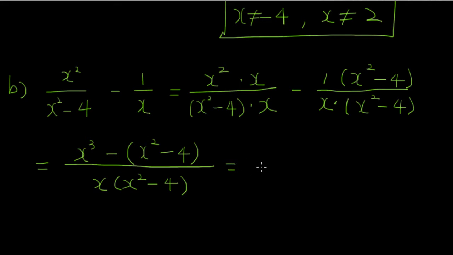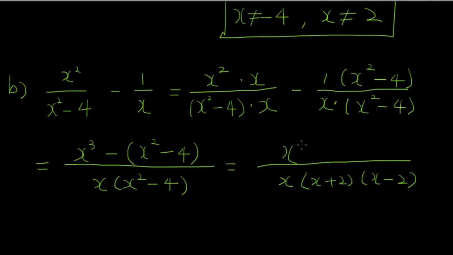Now, we can also rewrite this as x. Remember this one right here? This is actually x squared minus 2 squared. If it's 2 squared, we can factor that like this. x plus 2, x minus 2, and this on the top, x to the cube minus x plus 4, x squared, right? Square.